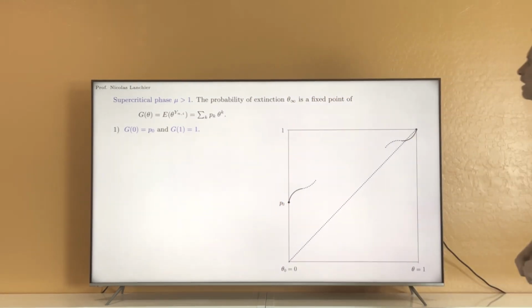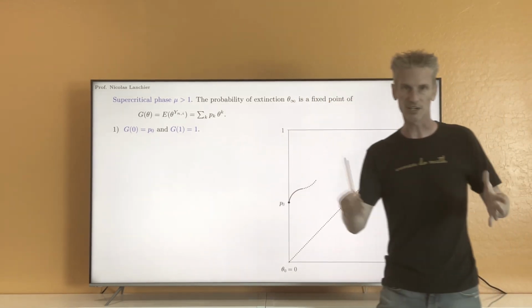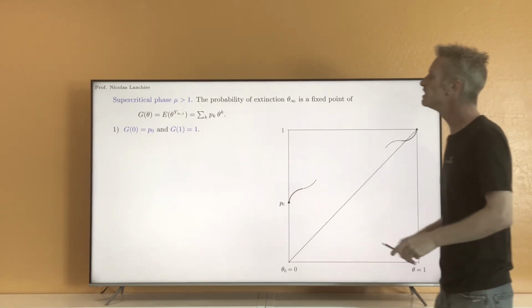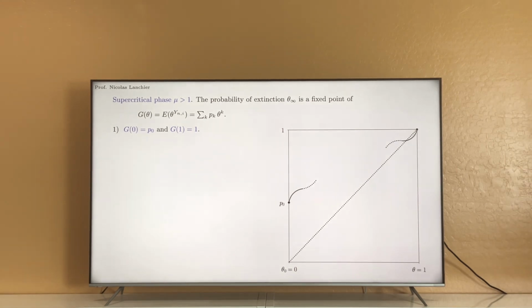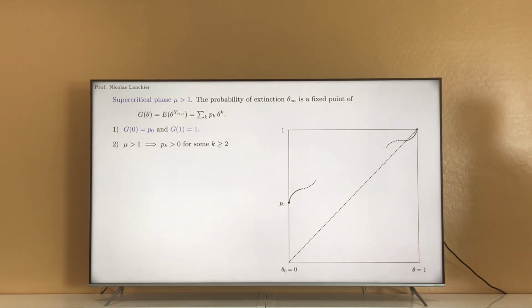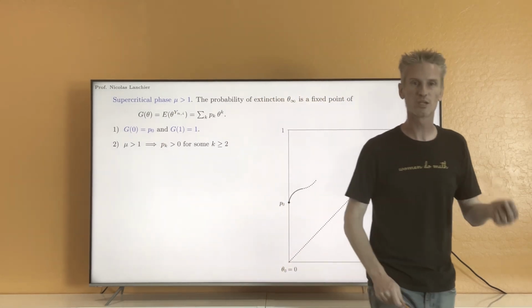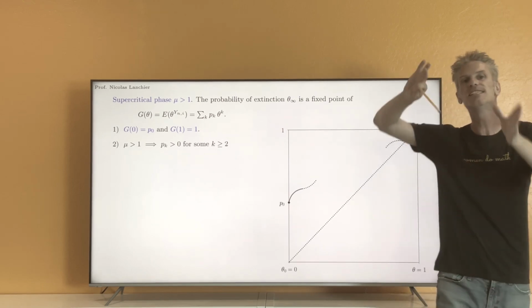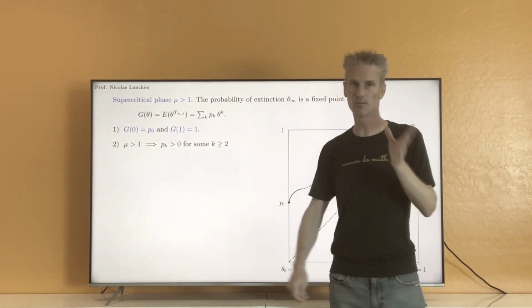Okay, so first, to study the first and second derivative of this infinite sum, notice that we can say something about those pk, about whether they are strictly positive or not. What we can say is that pk must be strictly positive for some k larger than or equal to 2. There is at least one k larger than or equal to 2 such that pk is strictly positive.